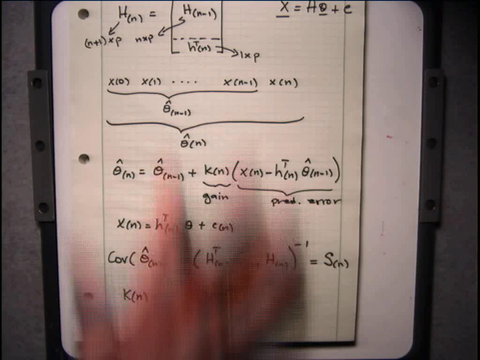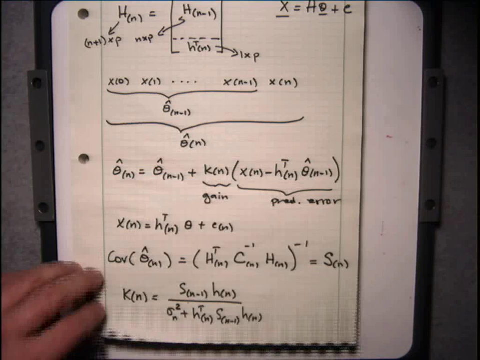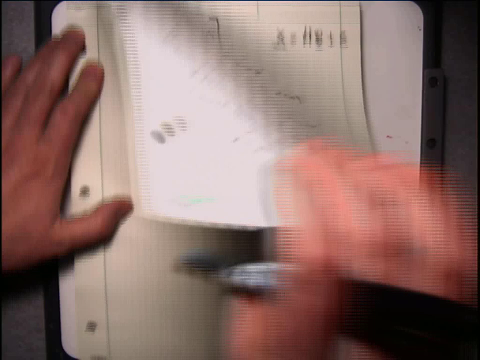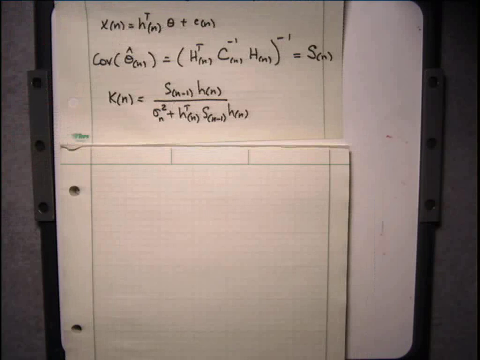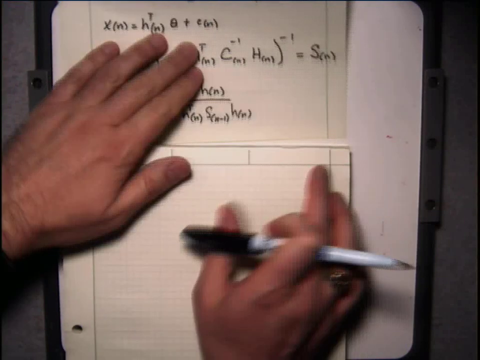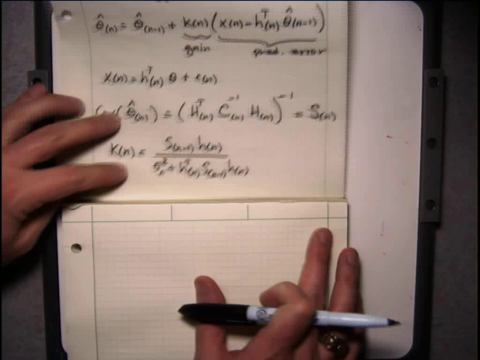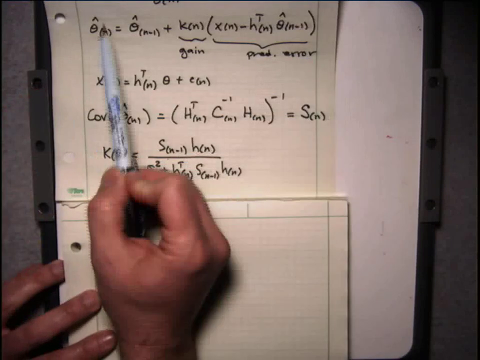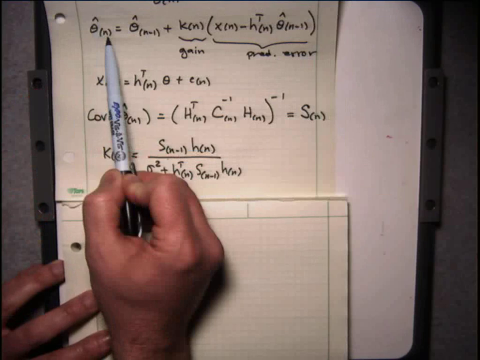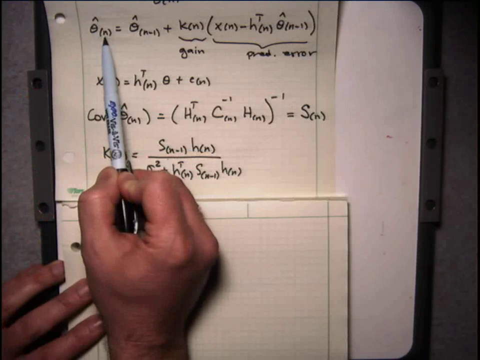Now, if you want to run this whole thing forward, again, you have to initialize all of these variables. So how do we do that? Well, in the way we have written this iteration, if I want to have theta hat of 1, then I need theta hat of 0.